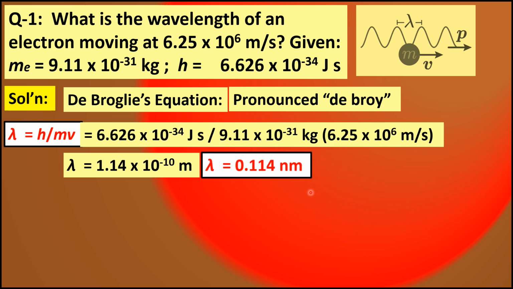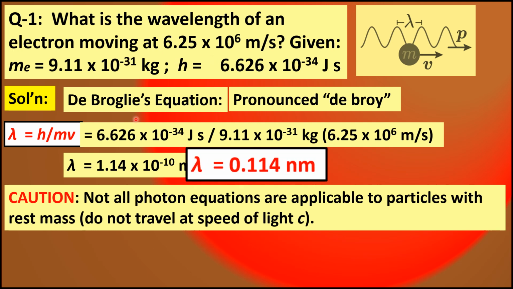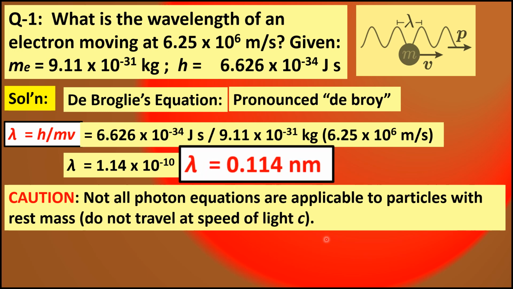Now, just some word of caution. Not all photon equations are applicable to particles with rest mass, such as the electron we consider here, because these particles do not travel at the speed of light c.